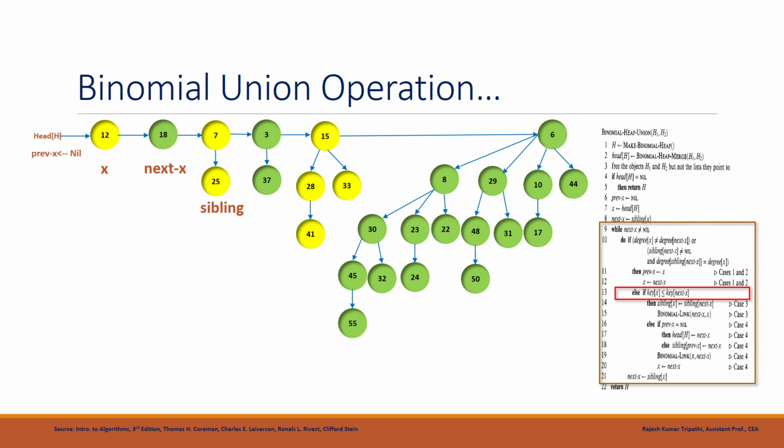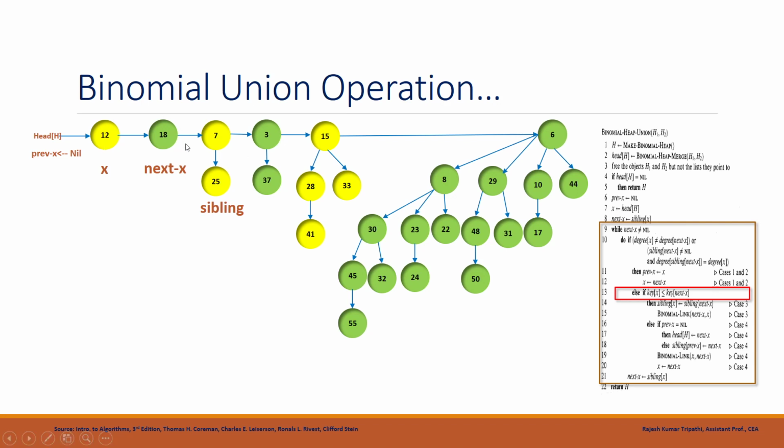Now the question is which one will become the child. If you see case number 3, in this situation, when you compare whether key of X is less than or equal to key of next X, yes. So this 18 will become a child of 12.